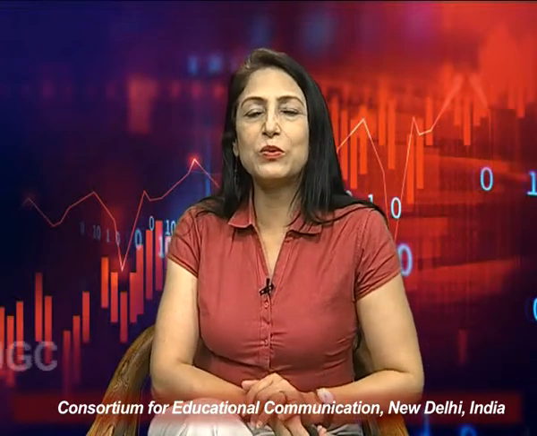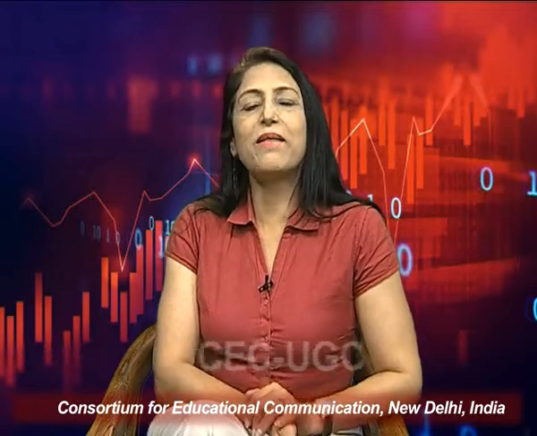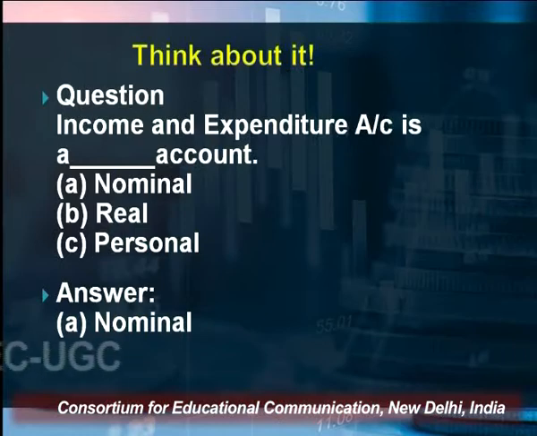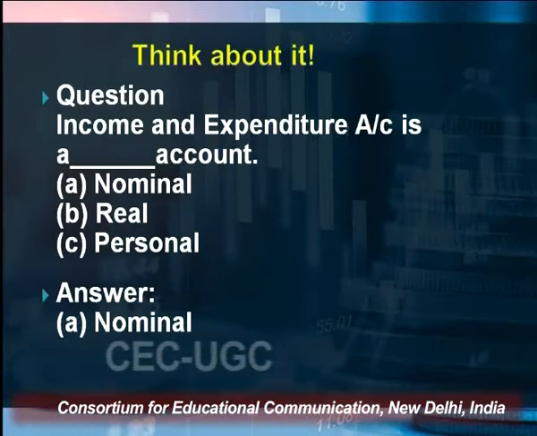Okay, so now let's have a quick quiz. I'm giving you quick thinking points. First question: income and expenditure account is which type of account? A quick recall, it's a nominal account. I discussed it in the beginning itself, right? The second quick question: income and expenditure account records transactions of which nature, revenue or capital, or both?